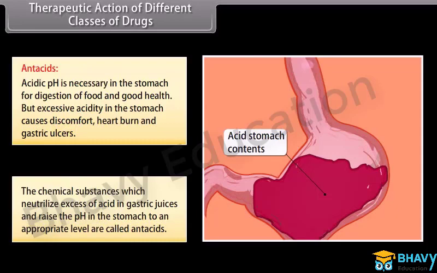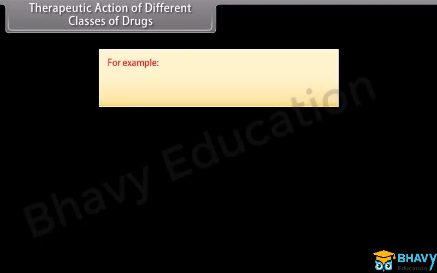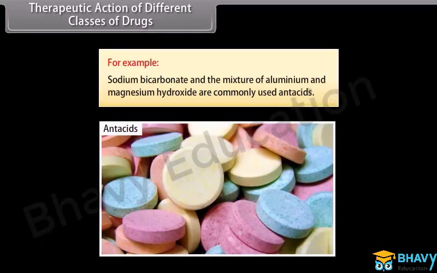The chemical substances which neutralize excess acid in gastric juices and raise the pH in the stomach to an appropriate level are called antacids. For example, sodium bicarbonate and the mixture of aluminium and magnesium hydroxide are commonly used antacids.